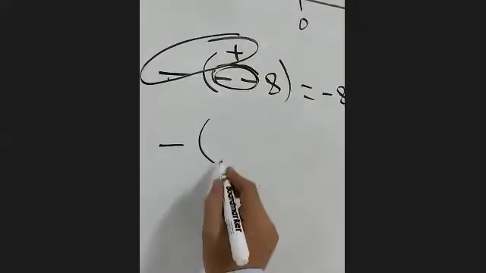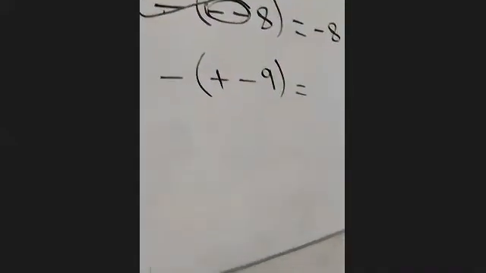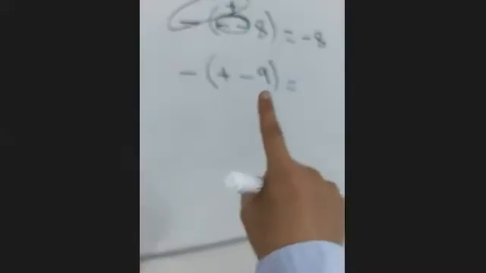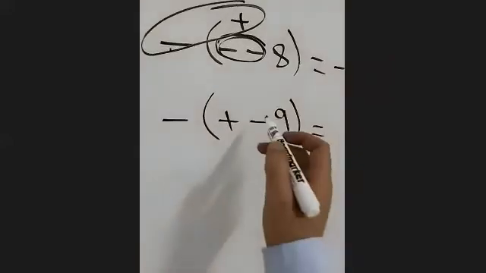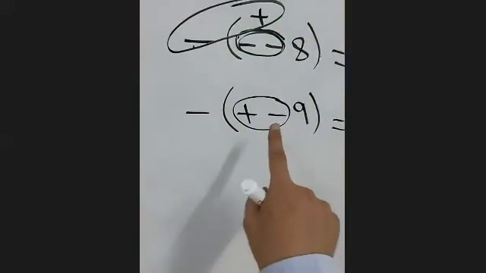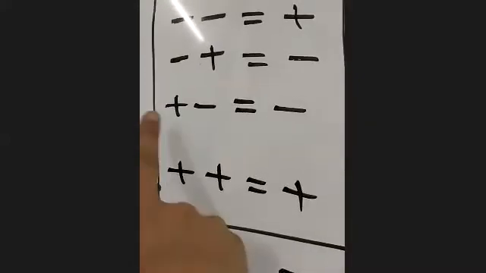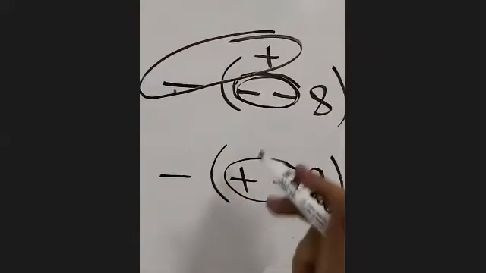For example, minus plus minus 9. I have three signs here. Let's start with the two besides each other here. Now plus with minus, look here guys, positive with negative, go to the table. Positive with negative is what? Negative. So plus with minus together is negative.